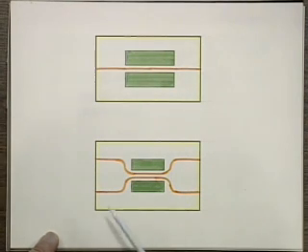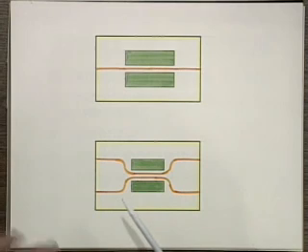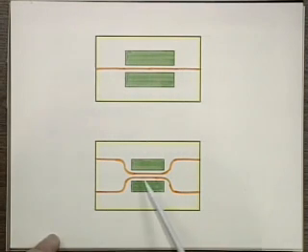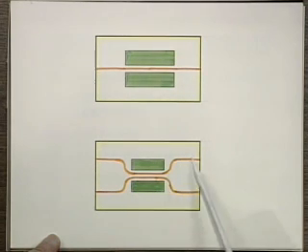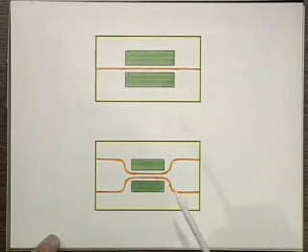There are also other applications. You can also use it, for example, as an intensity modulator by applying a variable voltage here, and then you can vary the transfer of light from this port to this port and so on. So it has many applications, sensors and so on.